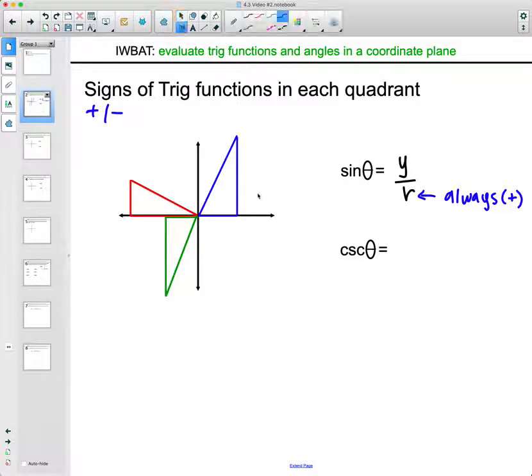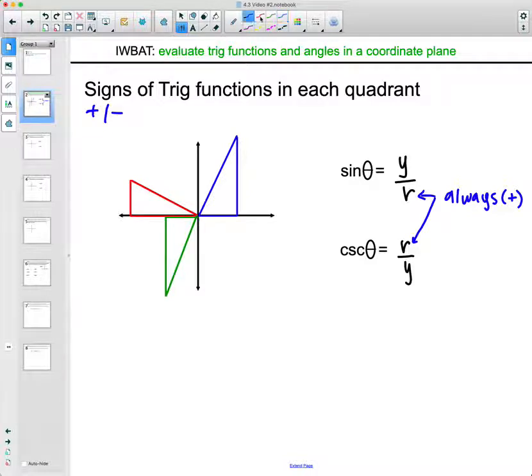If the y coordinate is positive, the sine is positive. Similarly for cosecant, because cosecant is r over y, r always being positive. When the y value is positive, sine is positive. When the y value is negative, sine is negative.